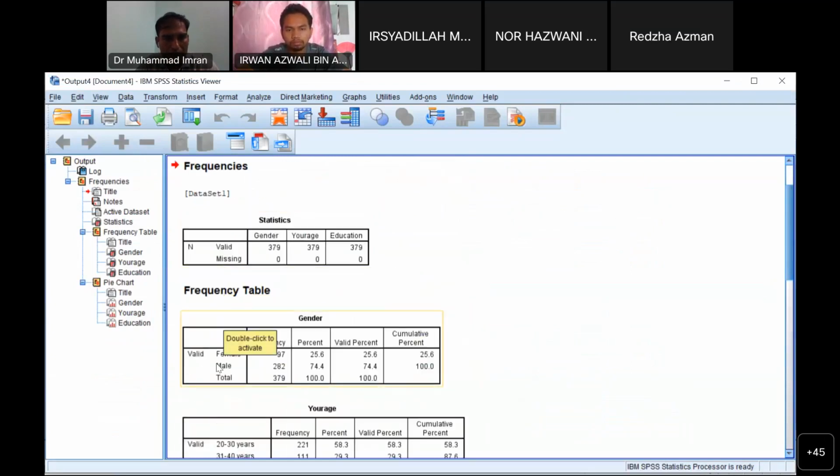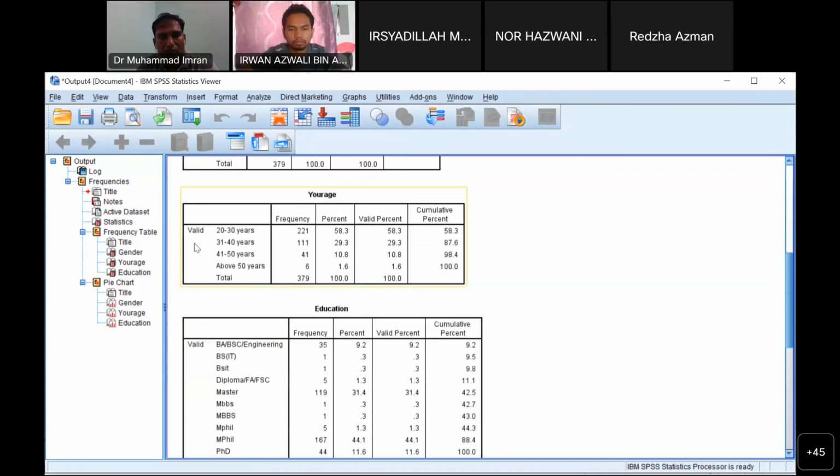Female, 25%. Male, 74% participated in your survey, in your research. In respect of age, I mean 20 to 30 years, how many percent of people participated? 58. And the total frequency number is 221.